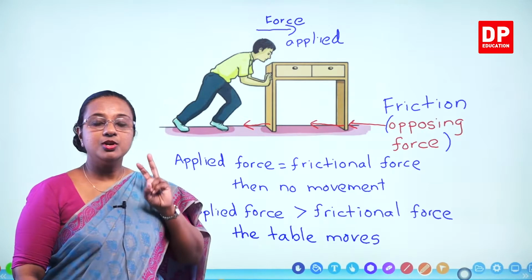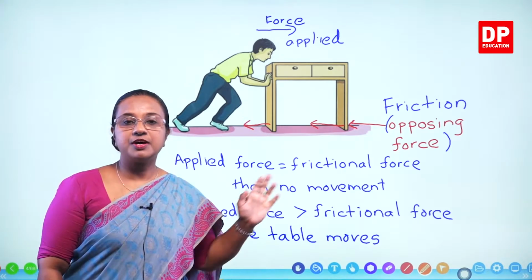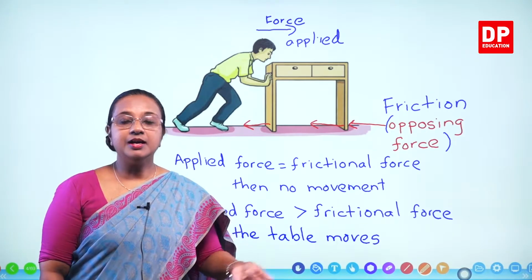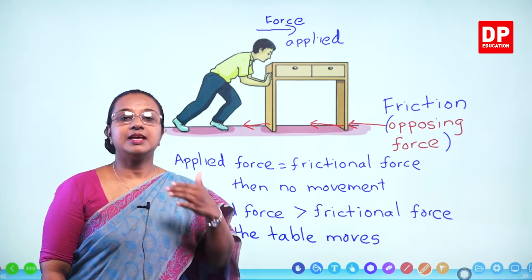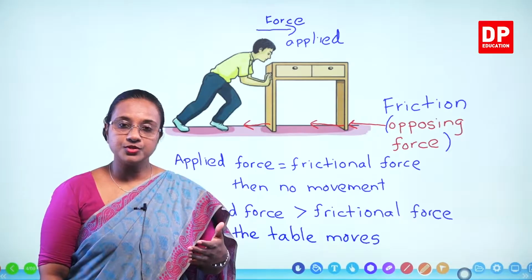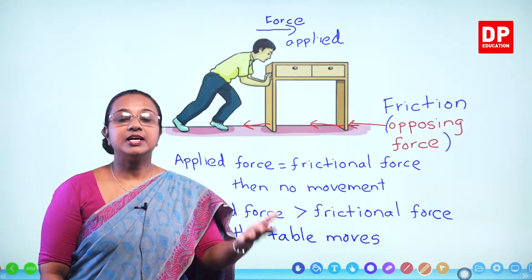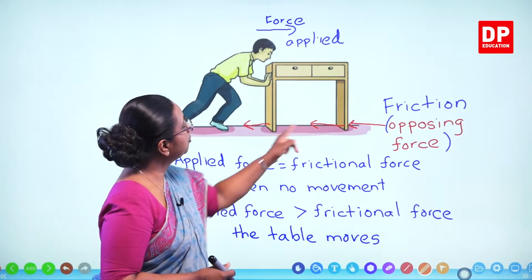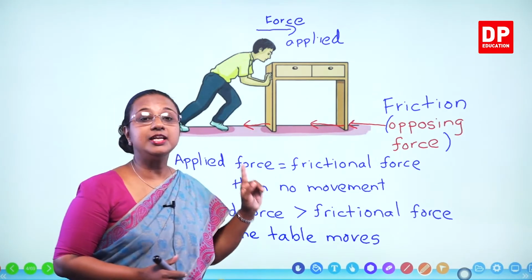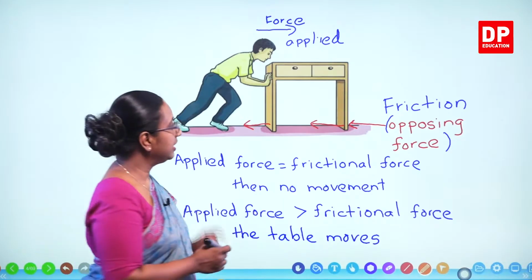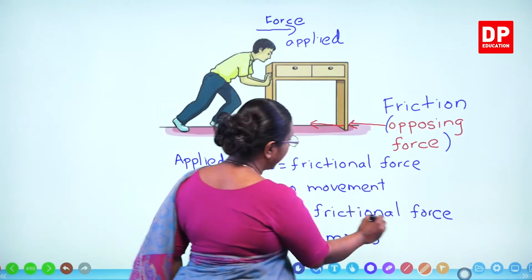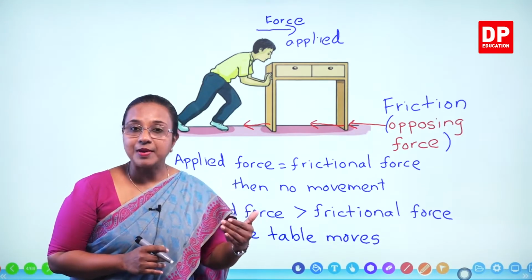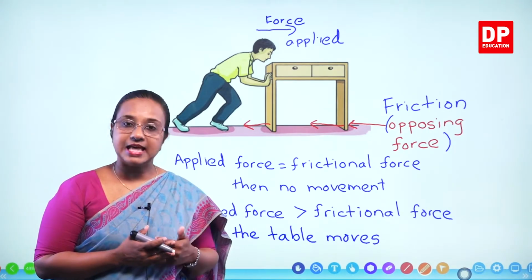So, we have looked at the nature of friction. When an object is moving, the contact surface exerts an opposing force or a frictional force against the movement of the object. And when the object is trying to move, the contact surface applies a force against that.